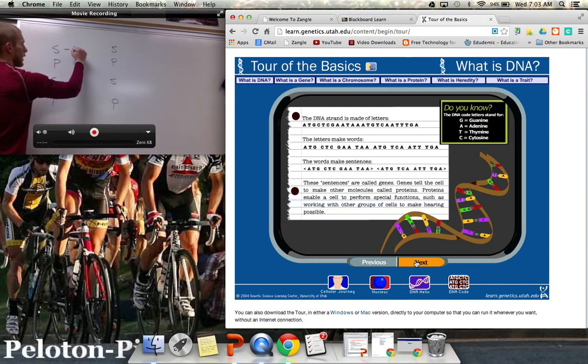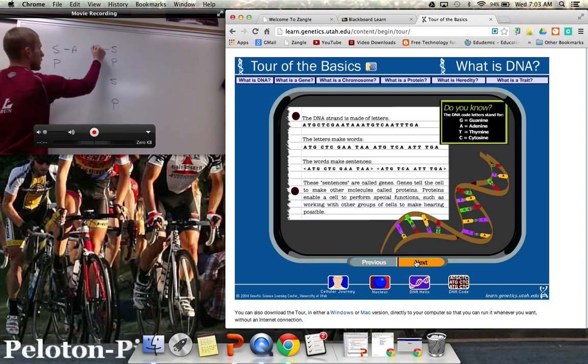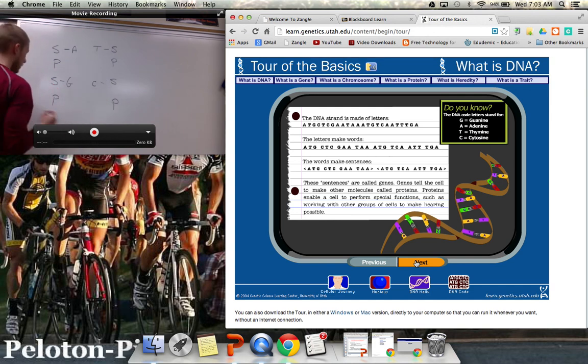So let's say this is A and this is G. And those are paired with their corresponding partner. So A always pairs with T, thymine, and G always pairs with C, cytosine. And my nucleotides are held together by hydrogen bonds. So that's what holds the two strands of our DNA molecule together.